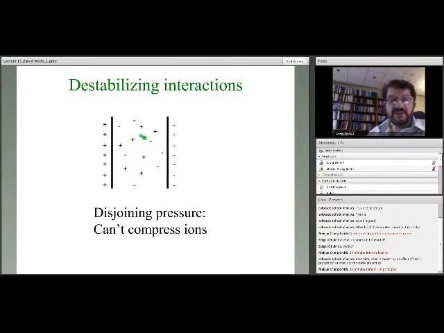And in this case, you're trying to compress the counterions. They do exert an osmotic pressure, but it's not really symmetric with the osmotic pressure of the case of the two negative surfaces, because now you have positive and negative charges. The counterions are both positive and negative, and they can combine with one another to essentially neutralize one another.